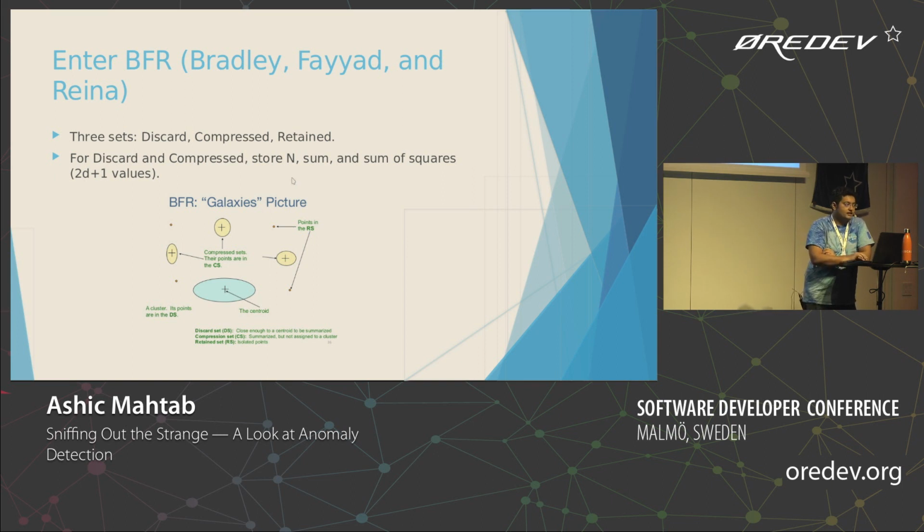And the information they hold is the number of points in that cluster or mini-cluster, in the case of compressed sets, the number of points, the sum of the values for all of the data points, and the sum of the squares. Now, can anyone guess why we're storing these 3 values as summaries?